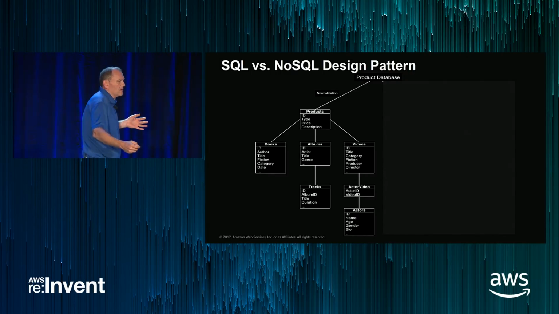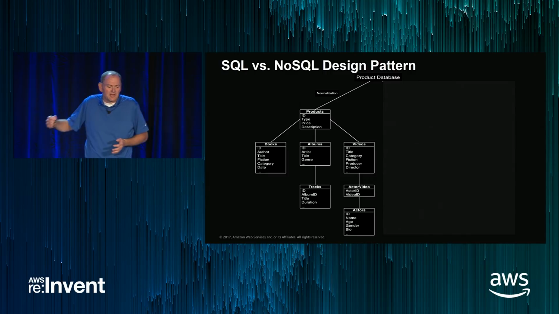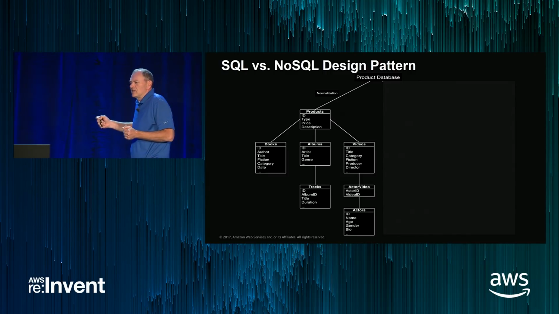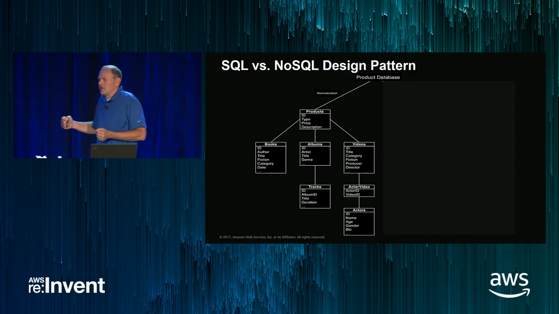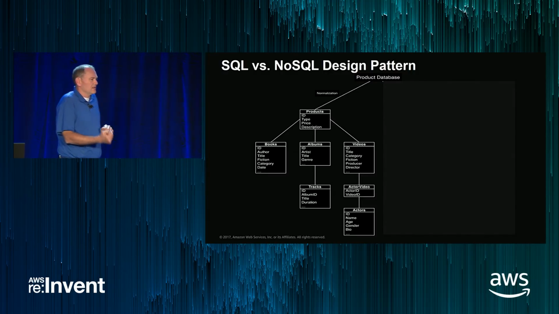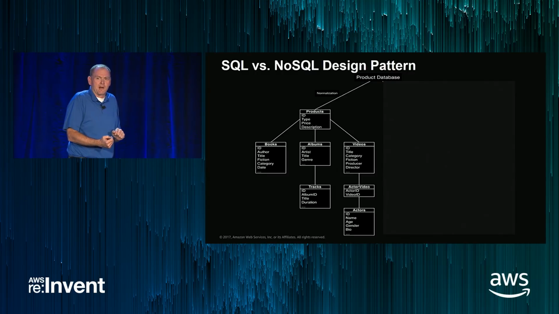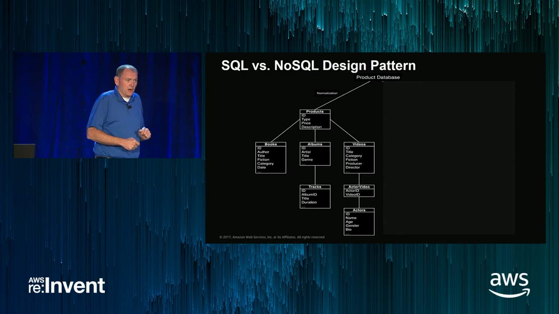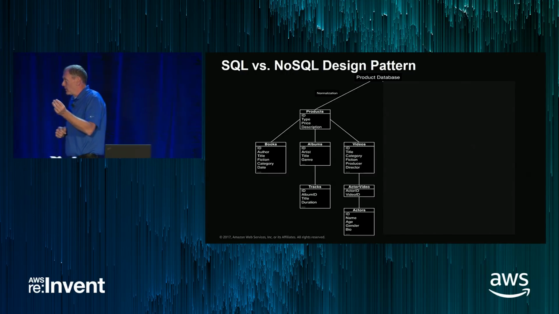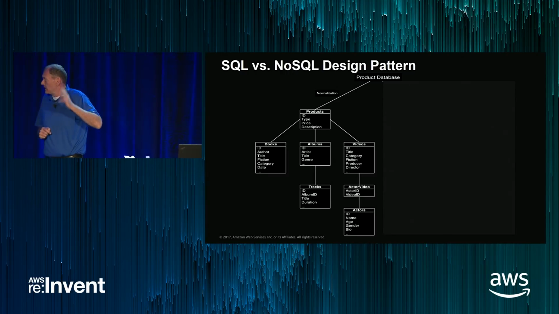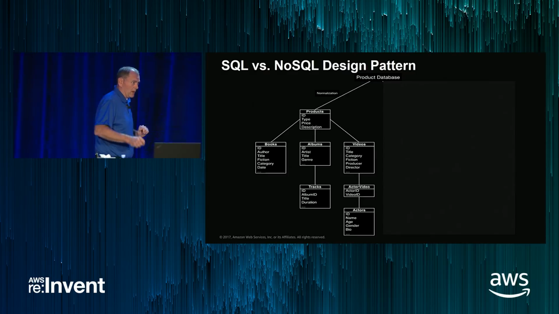Select star from, inner join through a mapping table to get the many-to-manys. And just think about how much work that CPU is doing to assemble the view that the application needs to consume to provide that list of all my products, and how many independent queries it actually has to run. At least 3, right? I have to get all my books, I have to get all my albums, and I have to get all my videos. And that's going to occur in 3 separate queries.